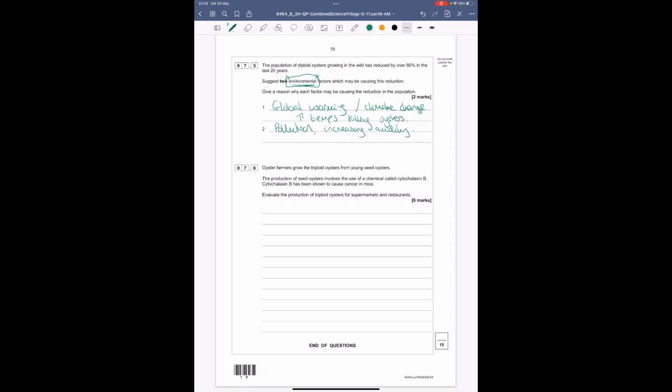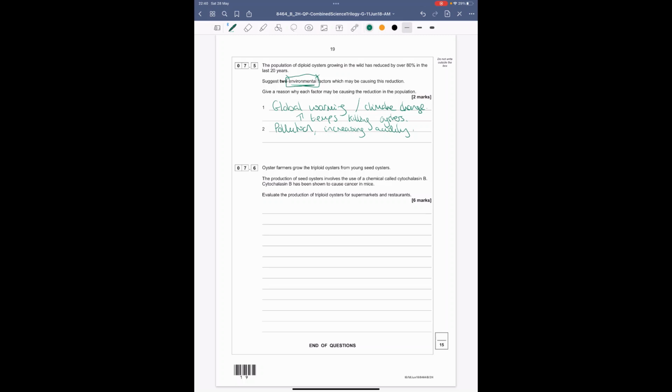Question 7.6 then. Oyster farmers grow the triploid oysters from young seed oysters. The production of seed oysters involves the use of a chemical called cytochalasin B. Cytochalasin B has been shown to cause cancer in mice. Evaluate the production of triploid oysters for supermarkets and restaurants.